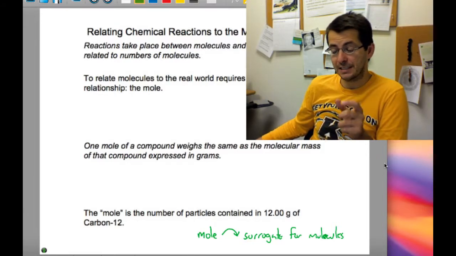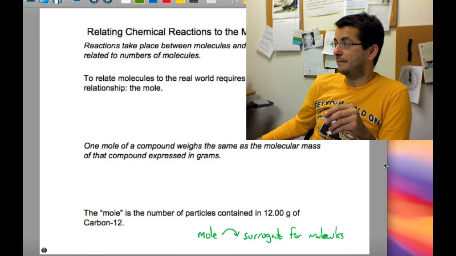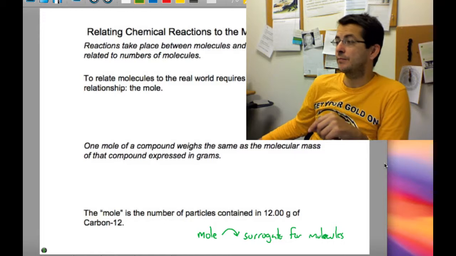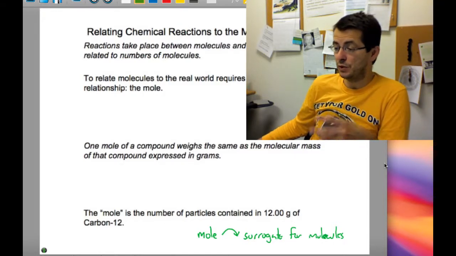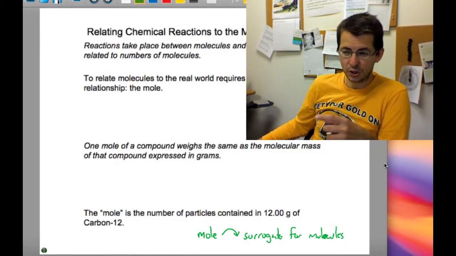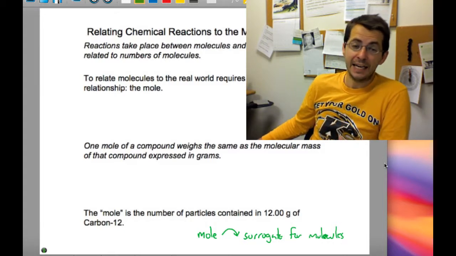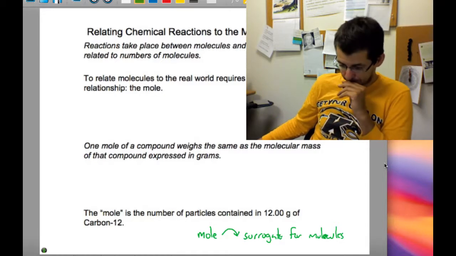What this does is it pegs the mass in grams to the atomic mass unit, that unit we were using when we were dealing with individual atoms, and so they become proportional. So if you had something that weighed 3 AMU, a mole of it would weigh 3 grams.